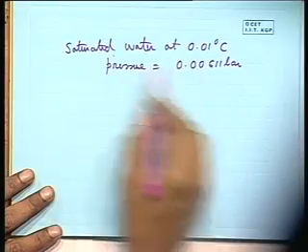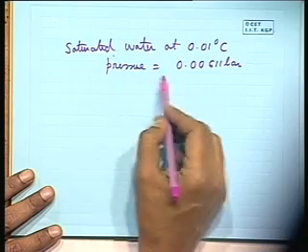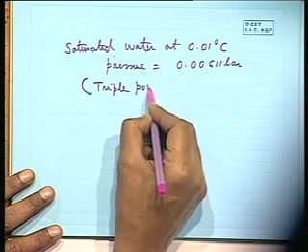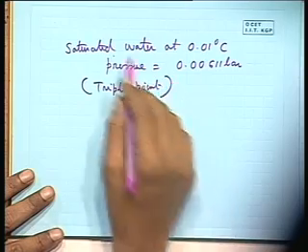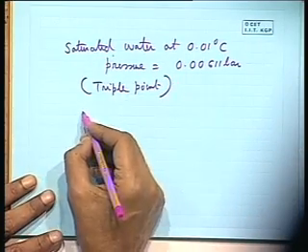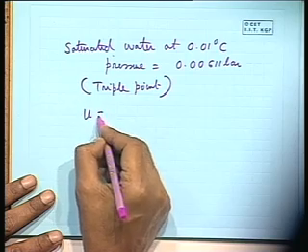So three phases can exist in equilibrium only at a single state. That comes from the Gibbs phase rule also, I will tell that. So at this saturated water condition, that means the triple point, I am going probably a little fast, I don't know. If you have any doubt, you can ask me. At the triple point, we consider the internal energy to be 0.